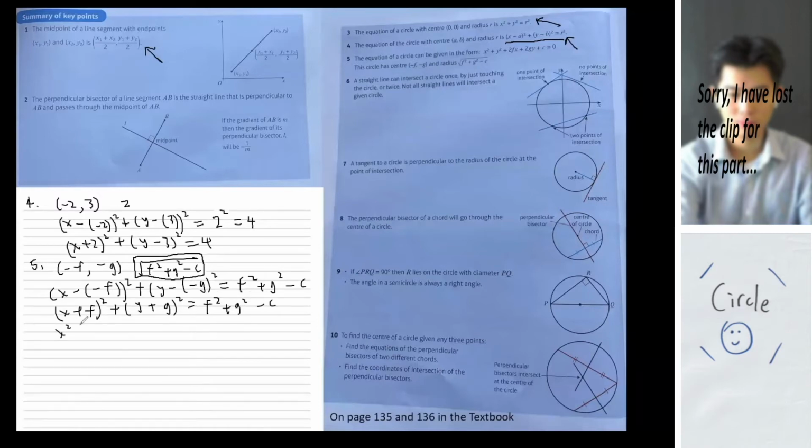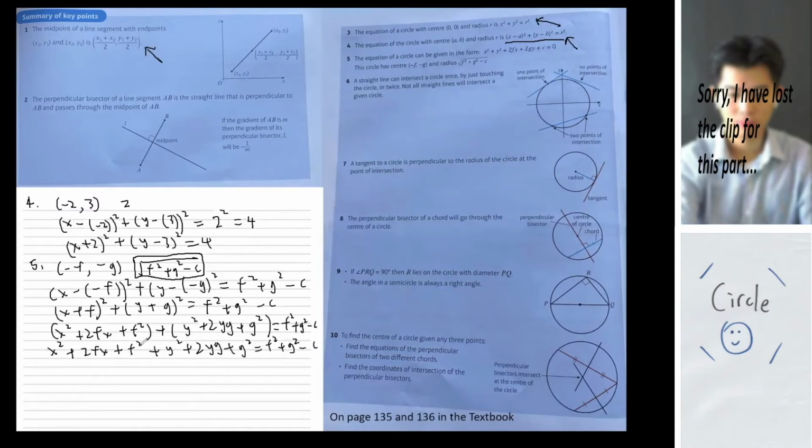So x squared plus 2fx plus f squared plus y squared plus 2yg plus g squared equals f squared plus g squared minus c.